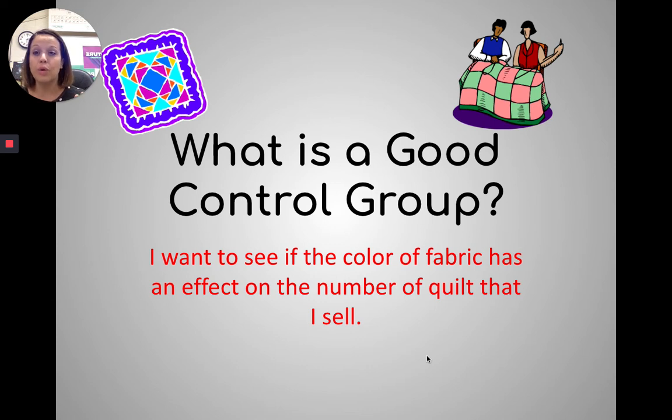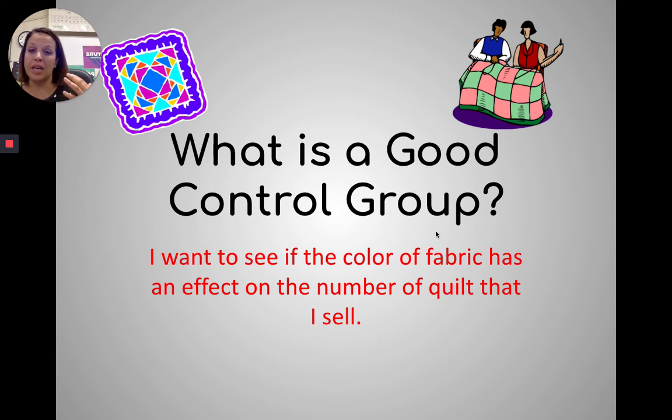So if control group is the group without the independent variable, I have to think, okay, if I'm really looking at the effect of the color of fabric, maybe I'm just going to use plain white or plain gray. I'm going to choose something that I can compare the rest of the colors to. So it says, what is a good control group? There's not just one right answer.